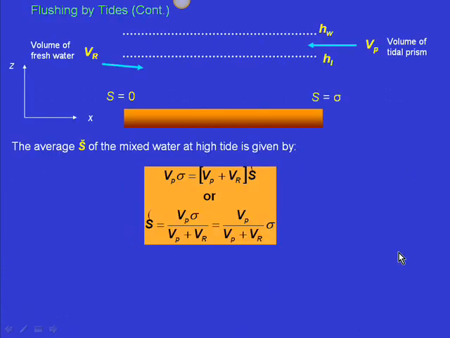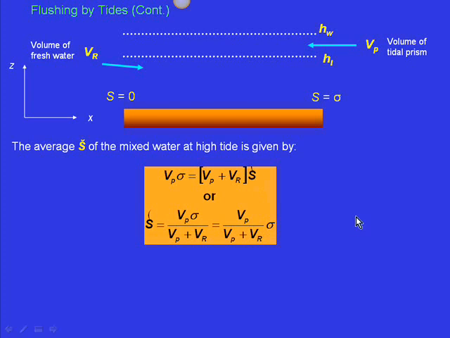Okay, so we can calculate the salinity of the mixed water at high tide by the following relationship. These two are equivalent expressions, because the tidal prism times the salinity of the ocean has to be equal to the tidal prism plus the river volume times the salinity, and this should be S hat right here.